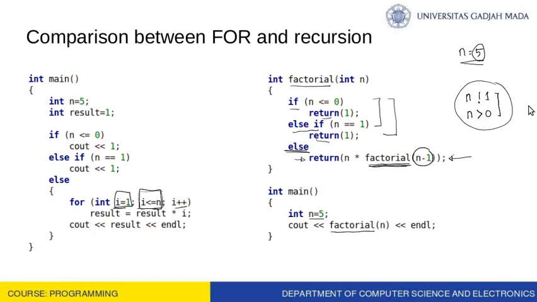Okay, that's the rule for making a recursion. You have to remember that you have to have the condition to do the iteration, and then the stopping criteria, and you have to think how to deal with the counter. So the counter should go to the stopping criteria.